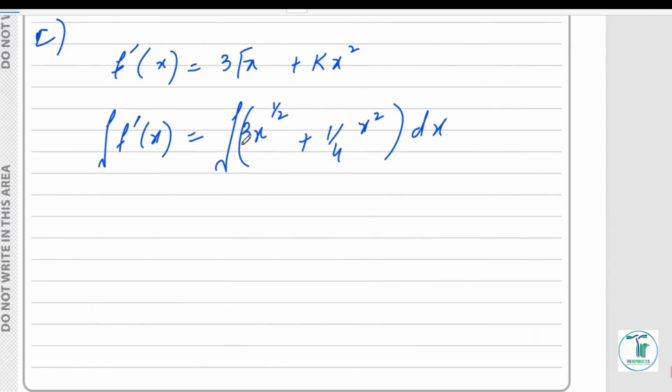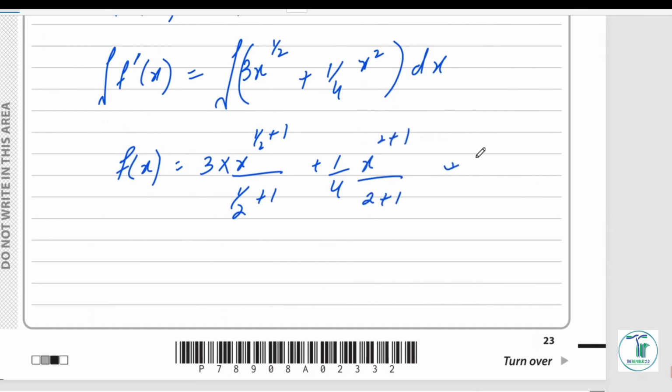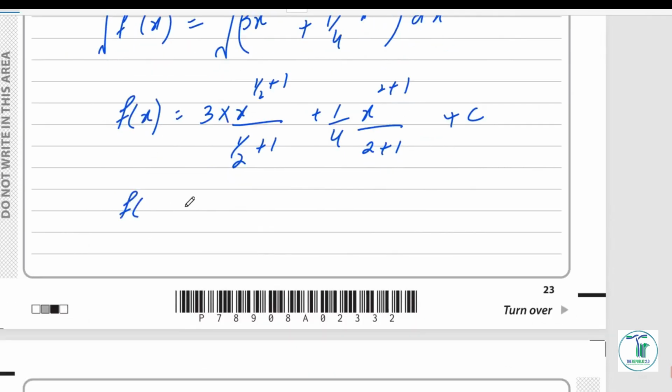The integration of f dash x would eventually become f of x, and that's going to be 3 as it is, x to the power of 1 by 2 plus 1 divided by 1 by 2 plus 1, plus 1 by 4 x to the power of 2 plus 1 divided by 2 plus 1, and then we're going to add c into it, right? So I'll be having an expression f of x is equal to 3x to the power of 3 by 2 divided by half plus 1, which is 3 by 2 as well, plus 1 by 4 x to the power of 3 divided by 3 plus c.